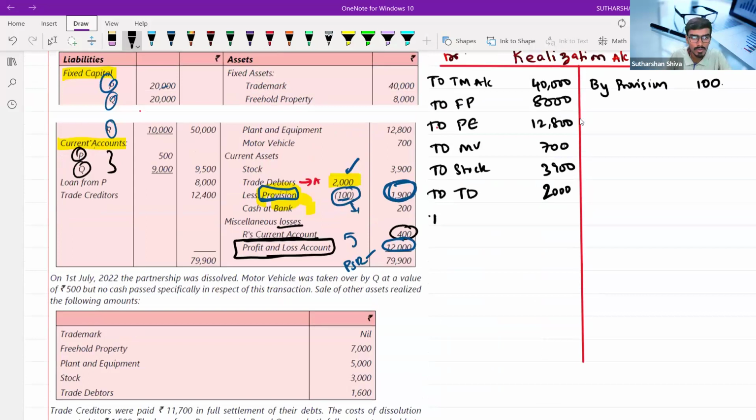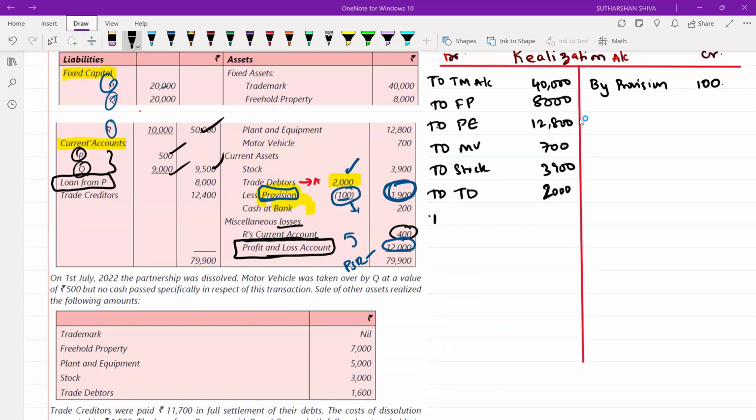Now, the current account balances we have put. Everything will be put. Loan from P should be transferred to which account? Capital account. Why is it the capital account? Why do I need to transfer P's loan to capital? Loan is superior.